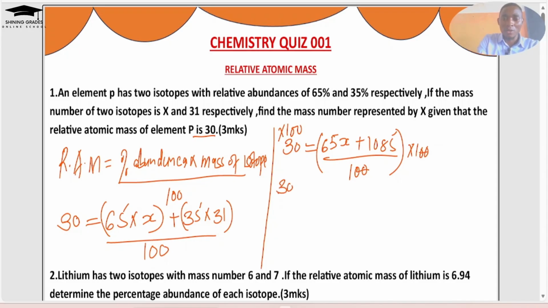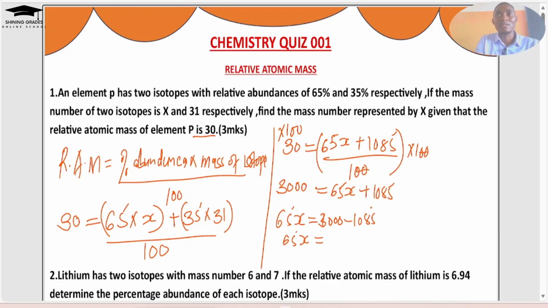So I have 3000 is equals to 65x plus 1085. So 65x is equals to 3000 minus 1085. So 65x is equals to 1915.